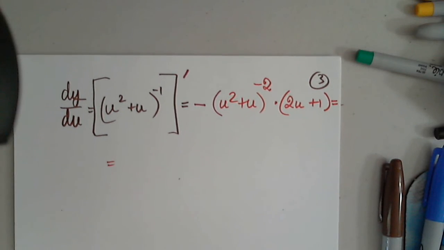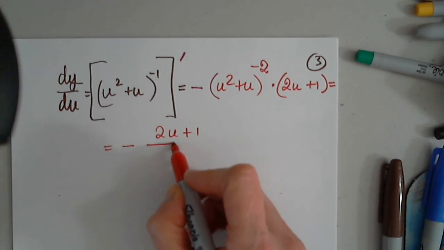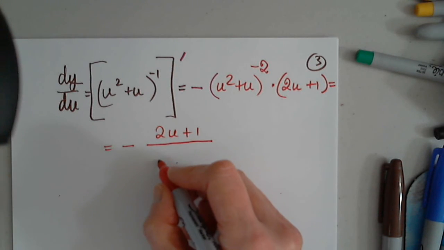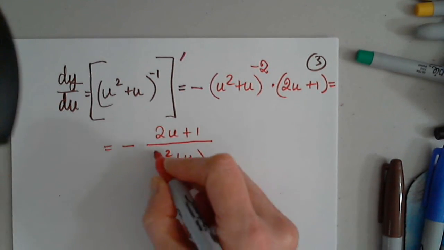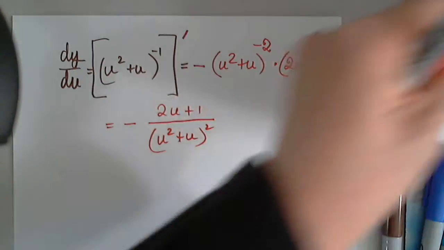Great job. Okay, so then minus in front, 2u plus 1 divided by u squared plus u, everything squared.